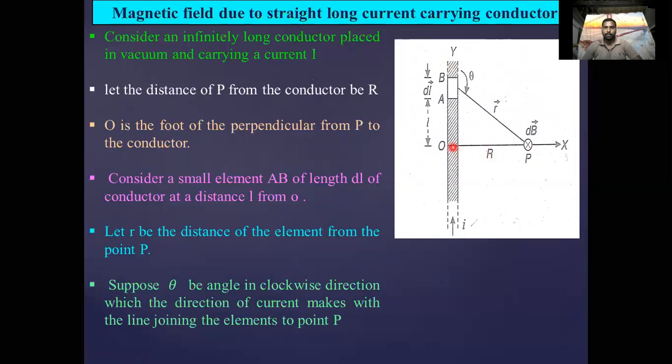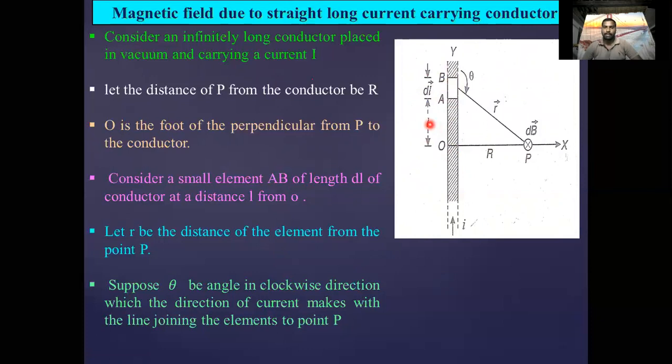O is the foot of the perpendicular from P to the conductor. Consider a small elemental length at a distance L from O. This is AB, a small elemental length dL. The distance from the element to O is L.